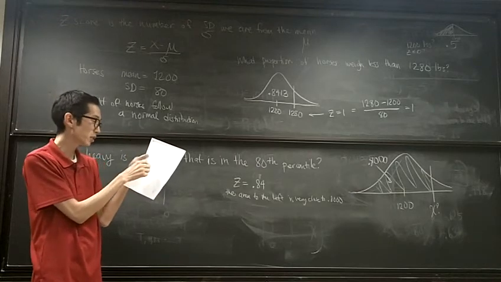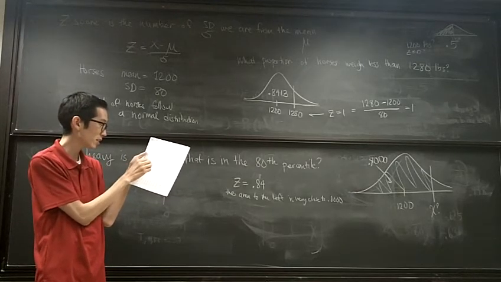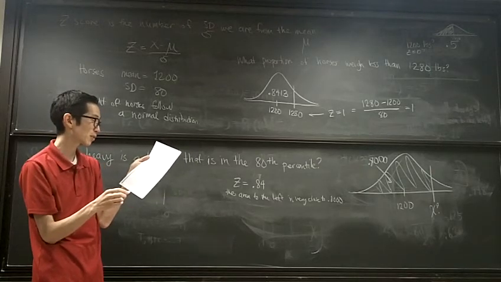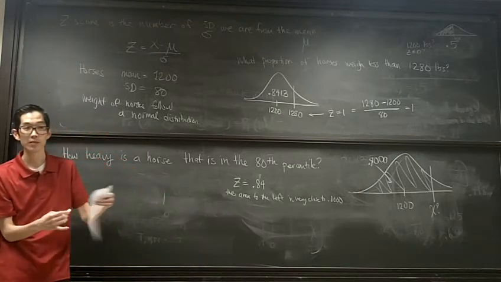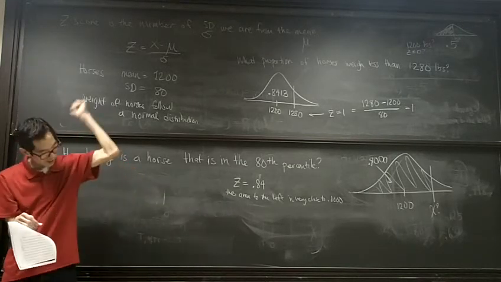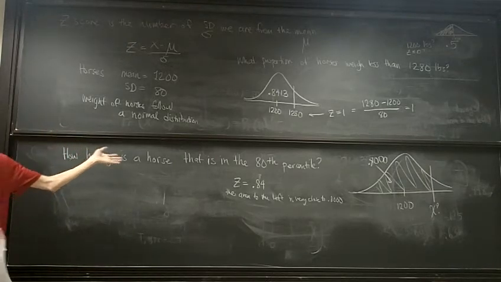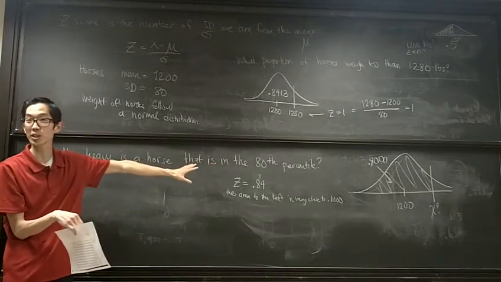When you look up and try to find the number that's closest to 80%, the number that you'll find is 0.7995, and that corresponds to z equals 0.84. Great. I want to make sure everyone understands this. So far, so good.